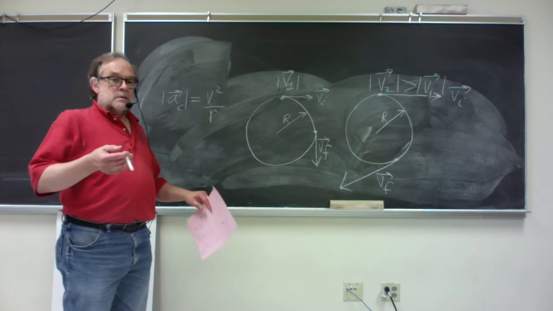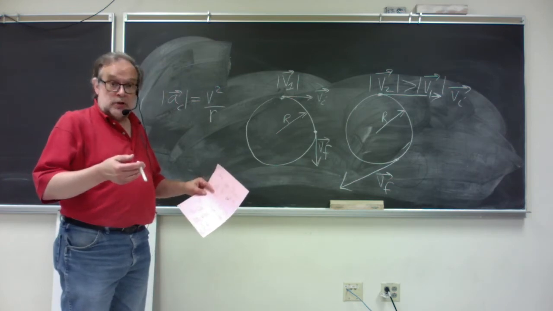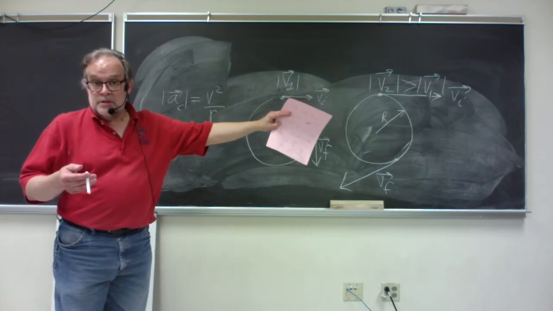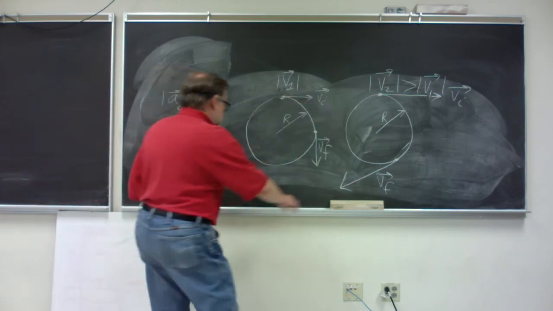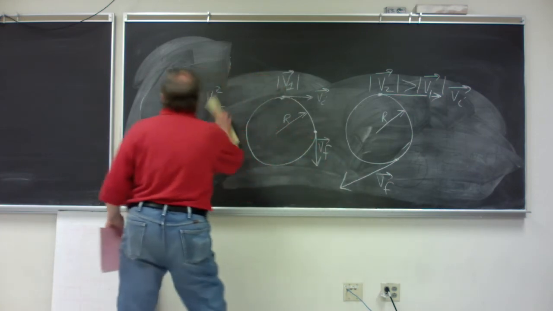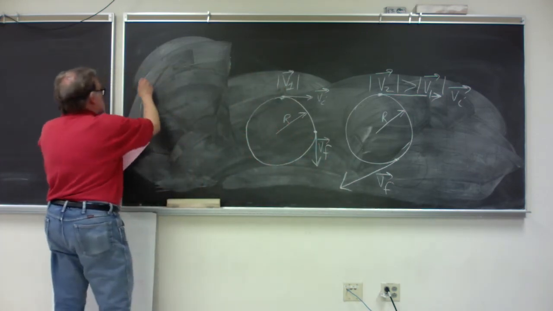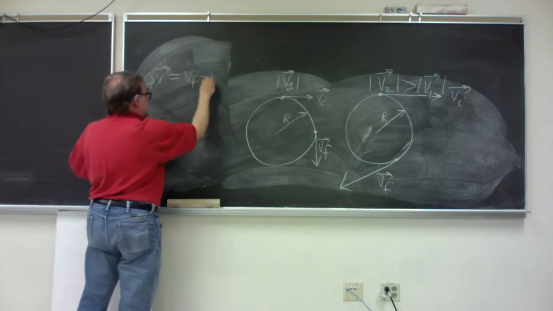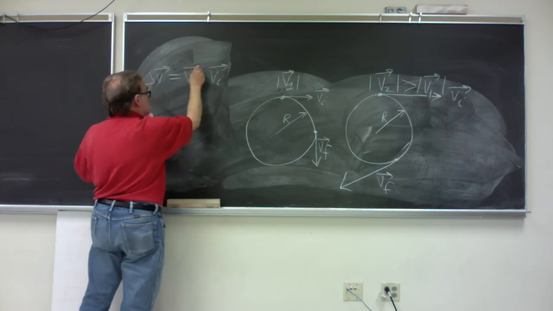Now, let's compare the change in velocity between this situation and this situation. Situation 1 and situation 2. So delta anything is the final value minus the initial value of the thing.